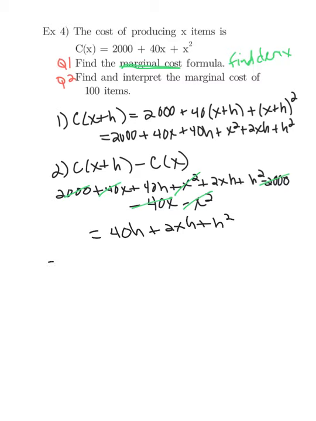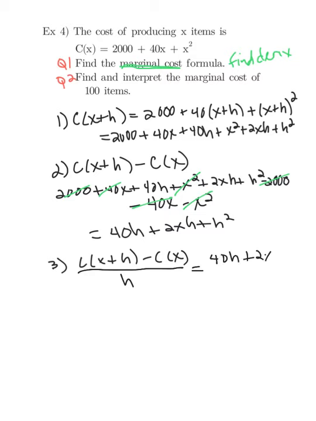Now we go to step 3, where we take what we got in step 2, and we put that over h. Take the answer from step 2, that's what your numerator is. 40h plus 2xh plus h squared over h.